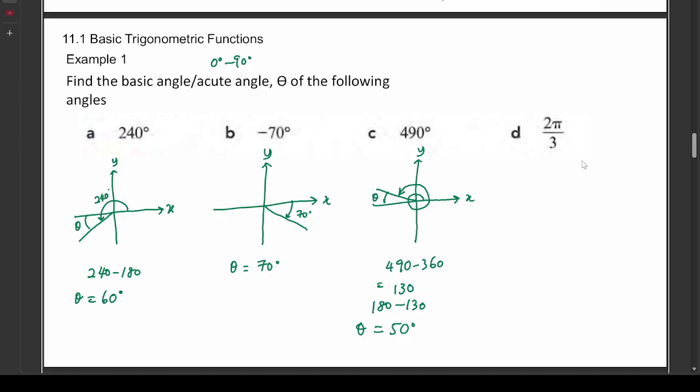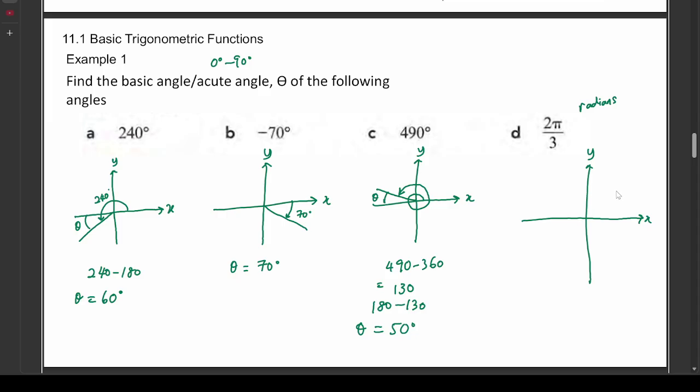Okay, the last one. They give the angle in radians. If you see pi like this, that means the angle is in radians.